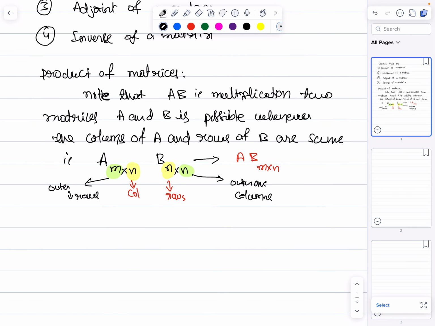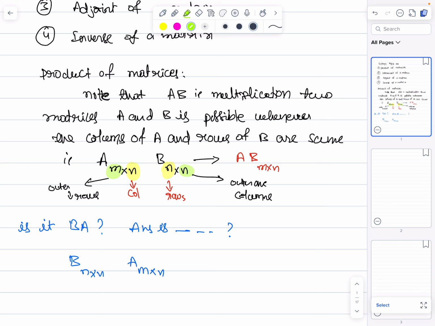If you try to see the other product, BA, is it possible to calculate? Is BA possible? Answer is what? B is an n by p matrix, A is an m by n matrix.